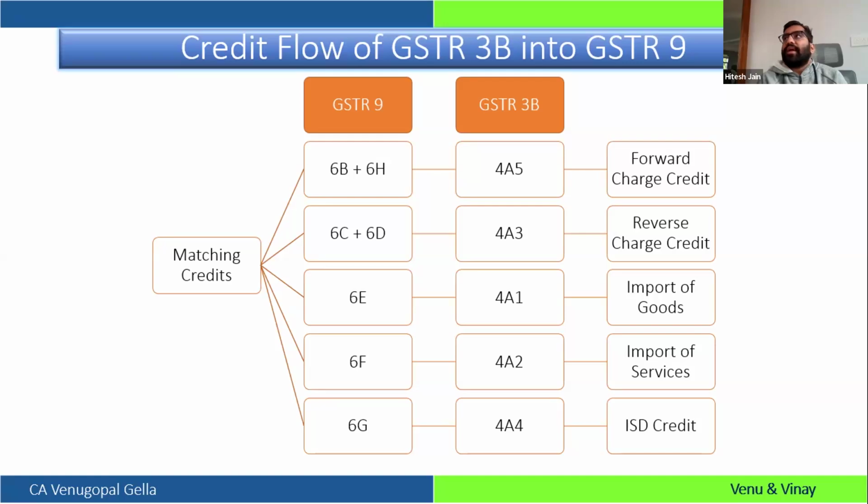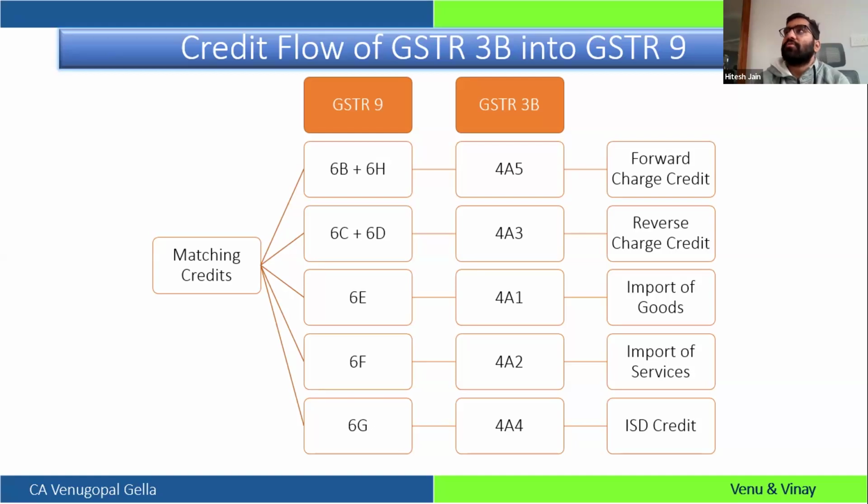Table 6 can be divided into 8 parts. 6A is an auto-populated figure which is a summation of all the ITC which we have taken during the monthly returns. It's the summation of 4A1, 4A2, 4A3, 4A4 and 4A5 of GSTR-3B.